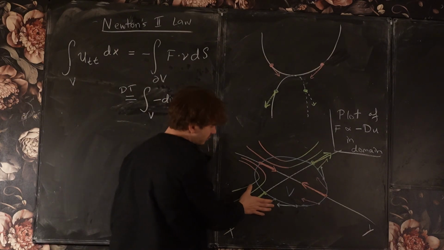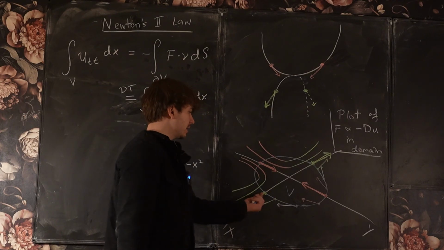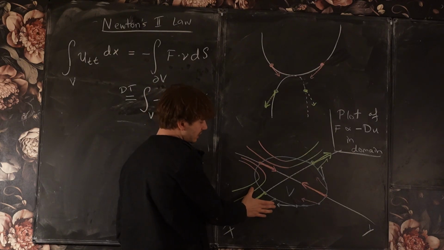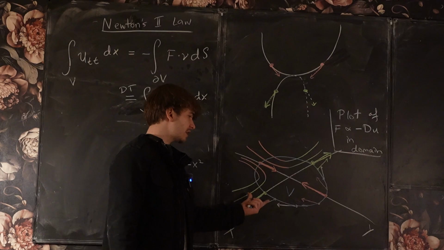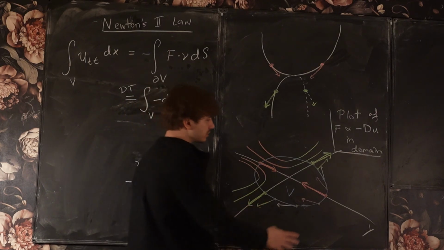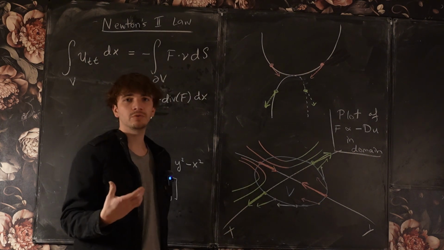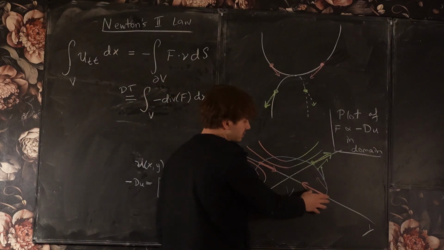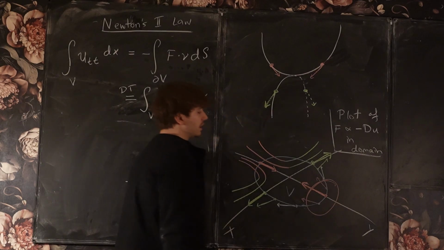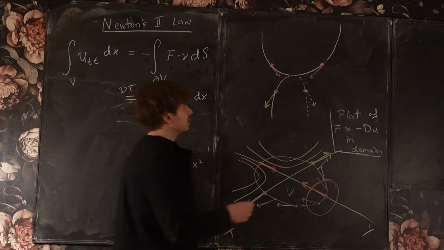But the regions where the direction of steepest ascent are pointed outward to the boundary, this is going to contribute negatively. So this area in green here will contribute negatively to the net inward flux, whereas the direction in red here will contribute positively to the net inward flux. And so we see that this region over here in red is going to be producing a positive acceleration of the interior, okay?